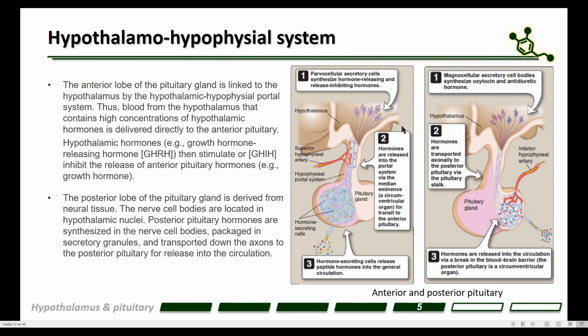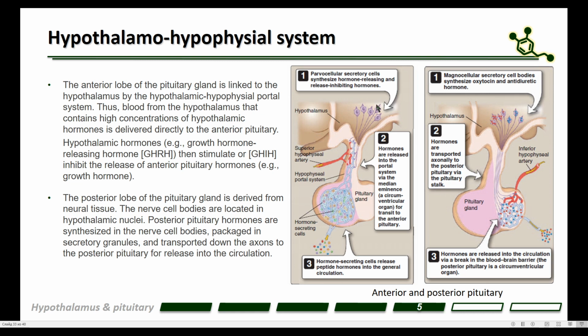The anterior lobe of the pituitary gland is linked to the hypothalamus via the portal system of blood vessels. Here, the nuclei of the hypothalamus synthesize releasing factors. We have releasing and inhibiting hormones.